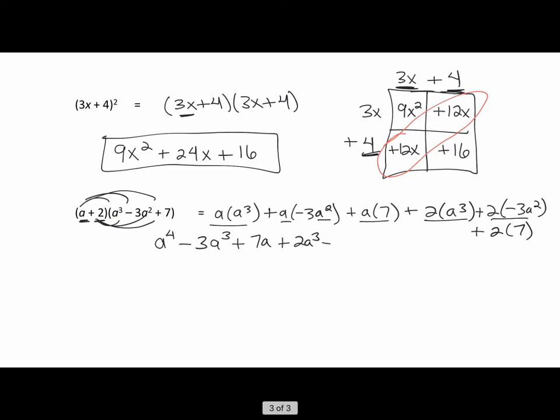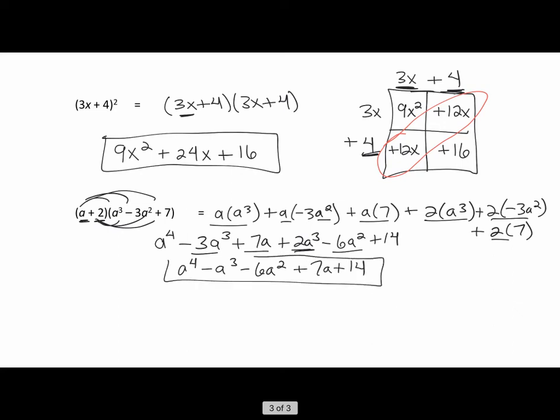Next term, 2 times negative 3 is negative 6 times a squared. And the last term, 2 times 7 is 14. Do we have any like terms? Yes. So we can combine those together. Negative 3 plus 2 is negative 1a cubed. And that ends up being the only like term, so everything else remains. I just put them in descending order.